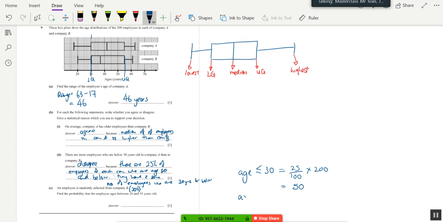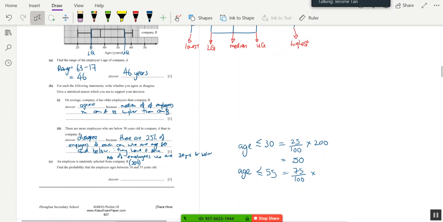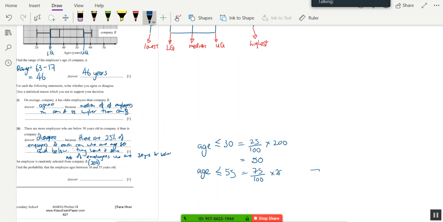Okay, and then how many people are aged less than 55? It is 75% of 200.